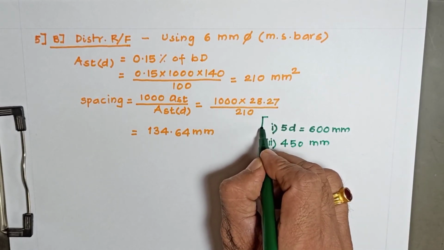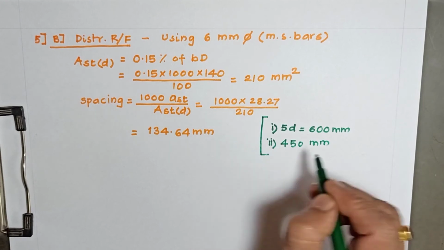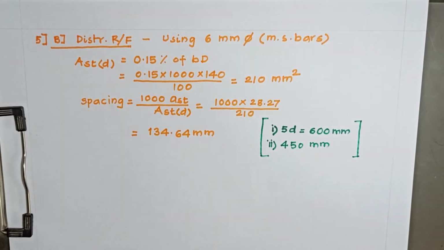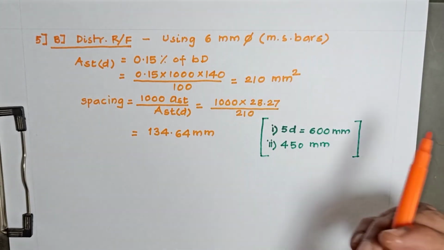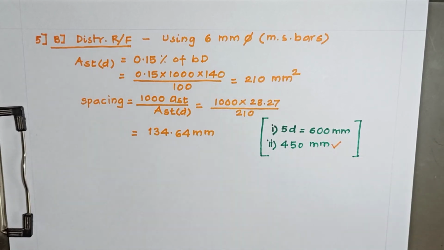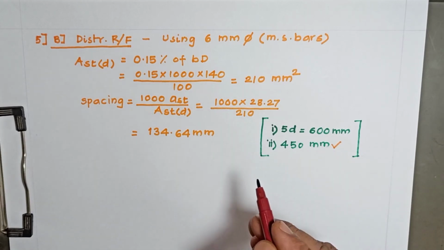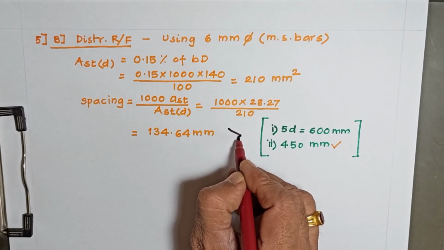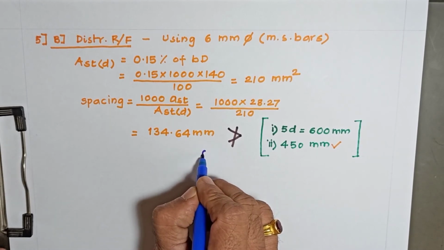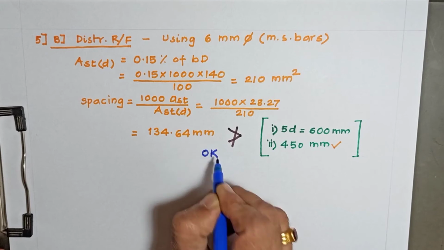From this we can very easily see that the lesser value of the two is 450 mm, and the spacing which we have calculated is not greater than the specification 5D or 450 mm, whichever is less. Therefore, this spacing is also okay.